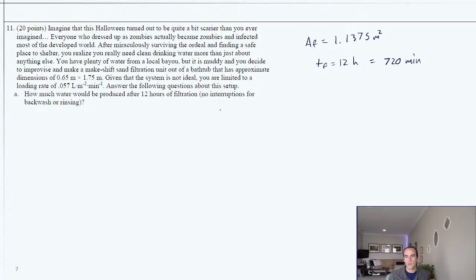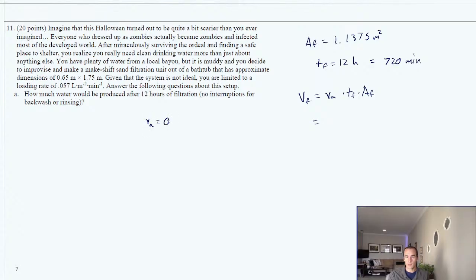To calculate the volume, really all we need to do is recognize that this is going to be the loading rate, VA, times the time that we are filtering, multiplied by the area of the filter. Put all these together, you'll notice this is a volume per area per time, multiplied by area. So if we check the units, make sure everything's good, we have square meters here. Our VA, just as a side note, was given.